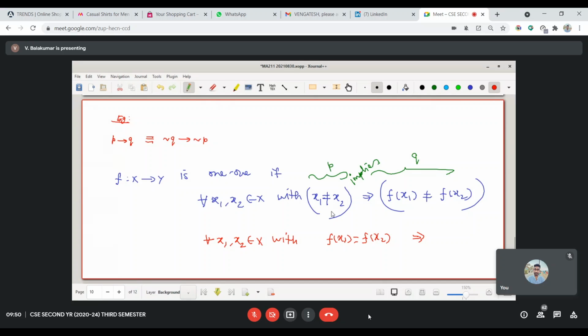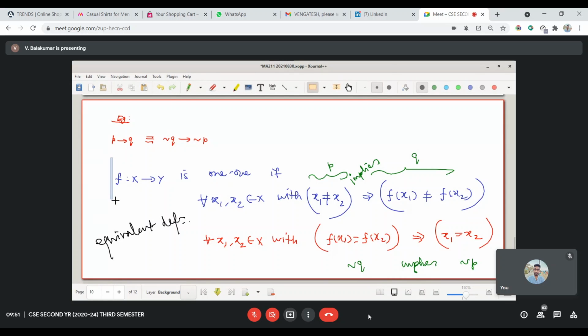This implies the negation of this statement is x1 equal to x2. Following this, based on the truth table discussion, we have seen that this is actually not Q implies not P. These are equivalent definitions. f is one-one if this is happening.